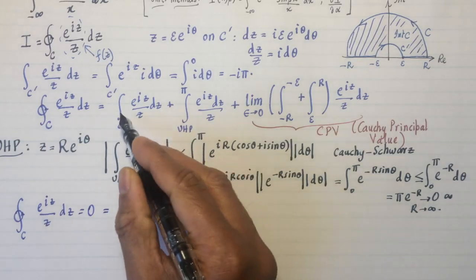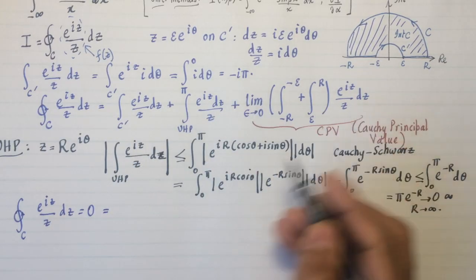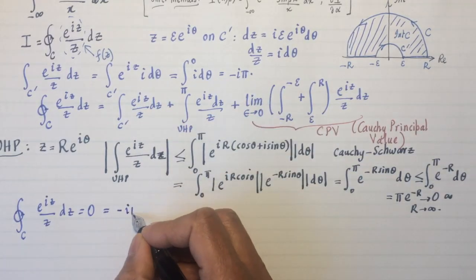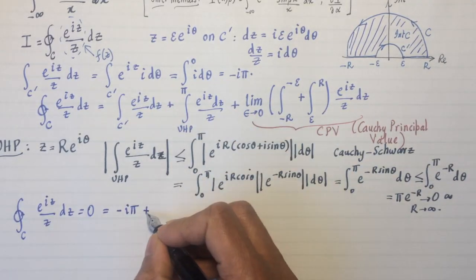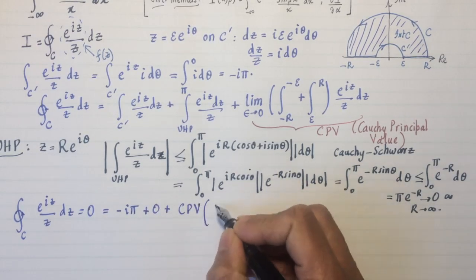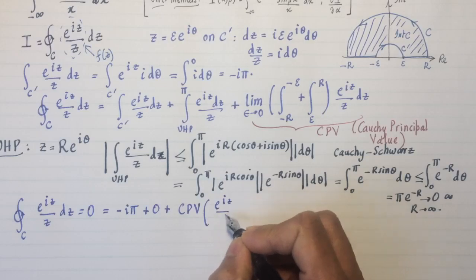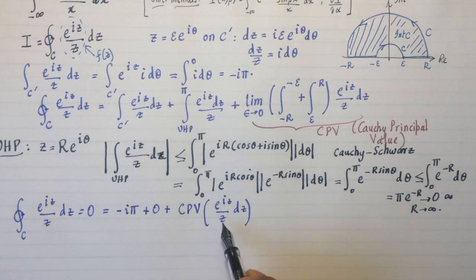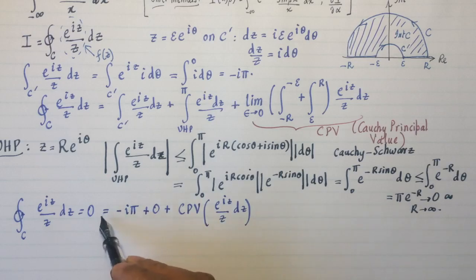But that integral is also equal to a bunch of these things. So this part we evaluated to be minus i pi. The upper half plane contribution is 0. And the Cauchy principal value, CPV, of e to the iz over z dz is all we're left with. So this tells us basically the Cauchy principal value is equal to i pi.